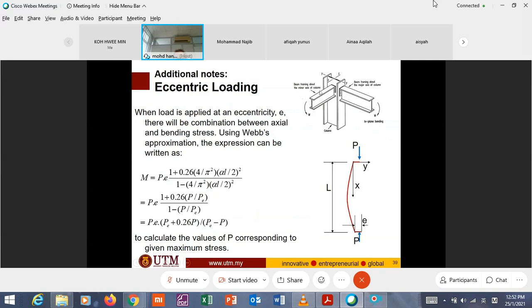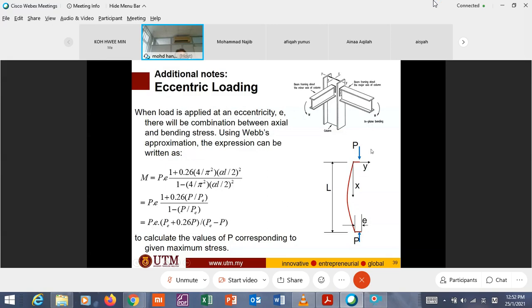Whereas this one can be connected to the web so that it is positioned at the center of the section. So here this is axial load, but here it is eccentric load.